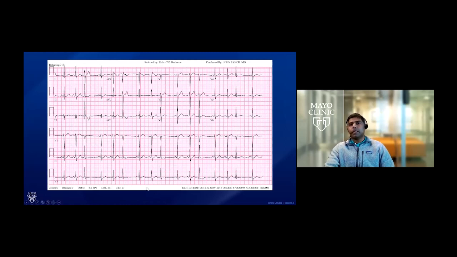On this particular ECG, we can see there is almost a trigeminal rhythm. We see this beat is kind of narrow, but does not look like a conducted supraventricular complex. In the inferior leads, it's taller than in sinus rhythm.